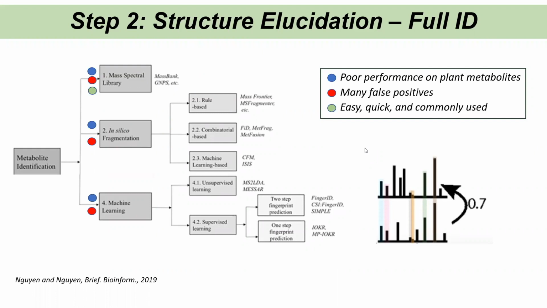If enough peaks match or line up, and it's a good enough match, you can say it is exactly this molecule that gave this fragmentation pattern, or maybe they're structurally related. However, this technique also does not really have good performance on plant metabolites, largely because in public databases of fragmentation patterns, plant metabolites are poorly represented.